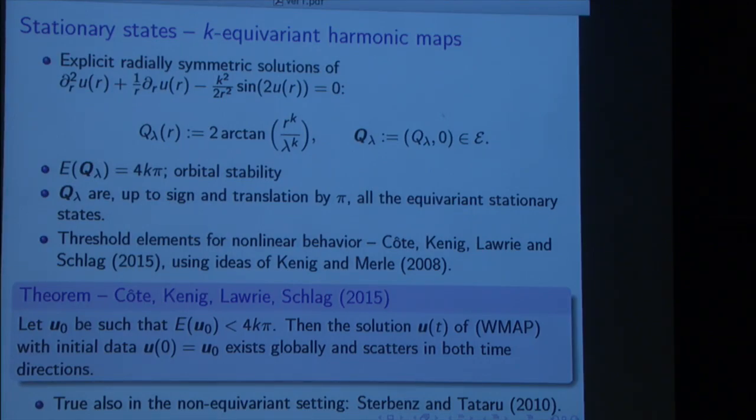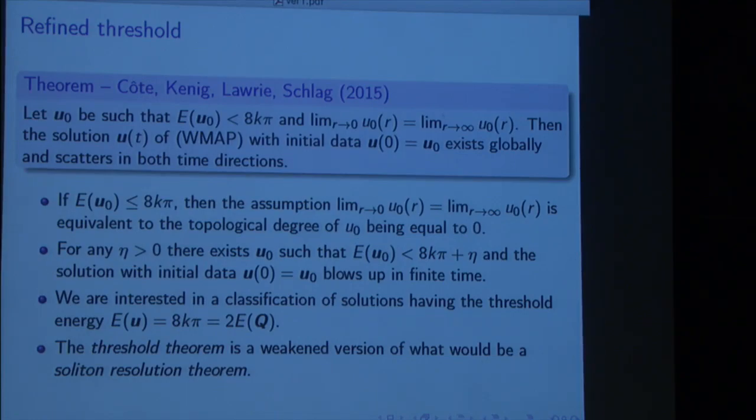They proved that indeed this threshold changes, in the same paper, I think. If U0 satisfies this condition that the limit at 0 is equal to the limit at infinity, and the energy is smaller than 8kπ, twice as much as before, then the solution exists globally and scatters in both time directions.